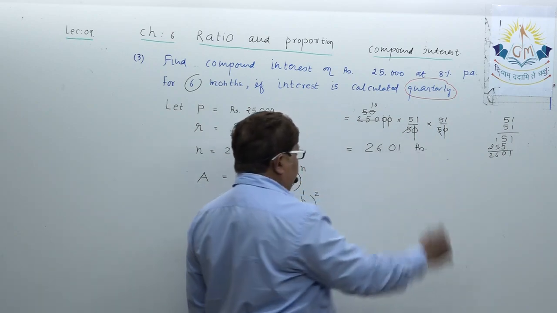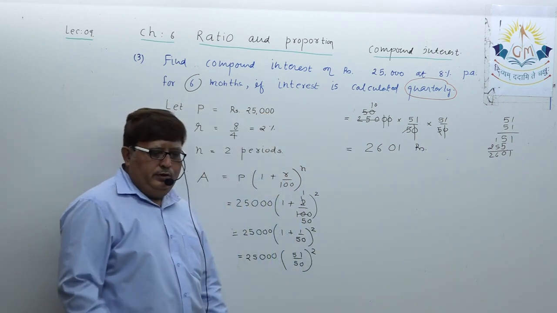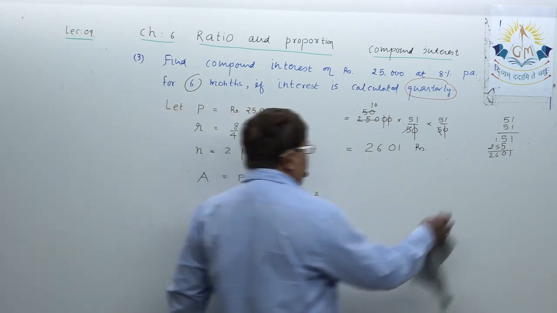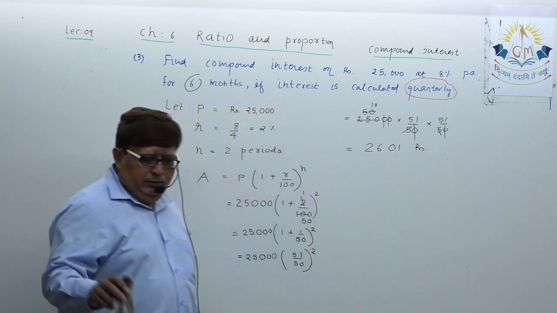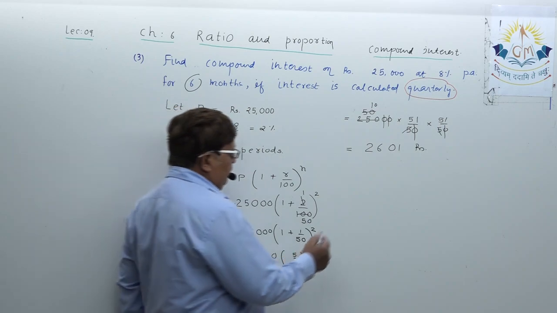Rupees 26,010. This is the compounded amount. Please calculate, or see and compare with the sum you have already calculated.